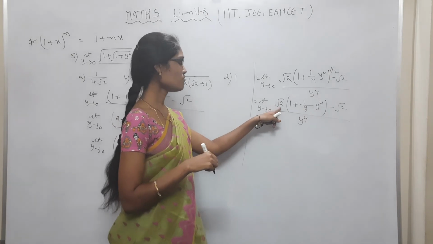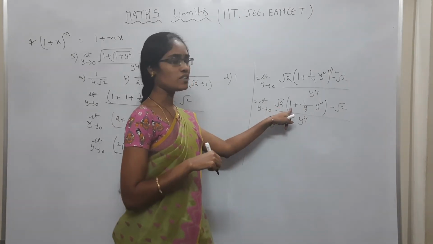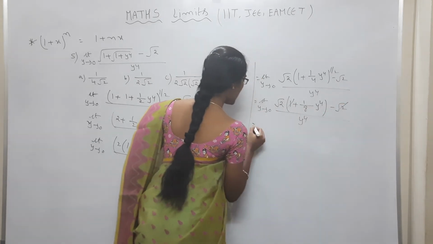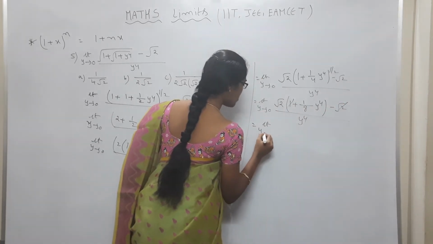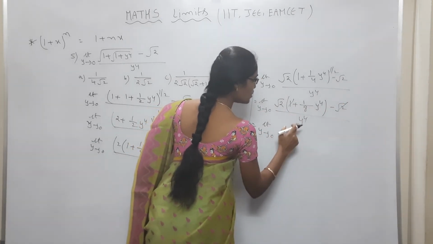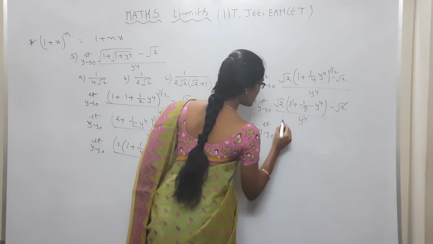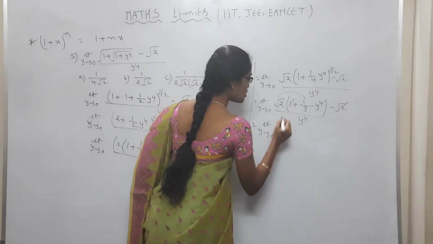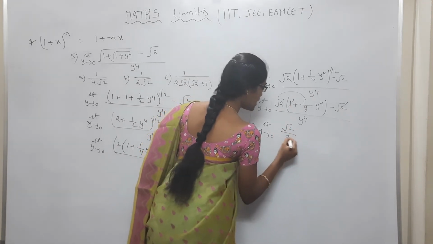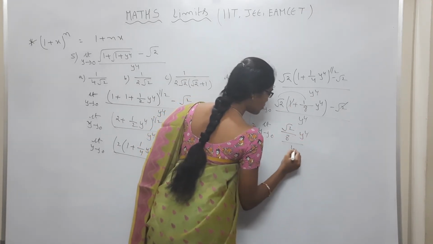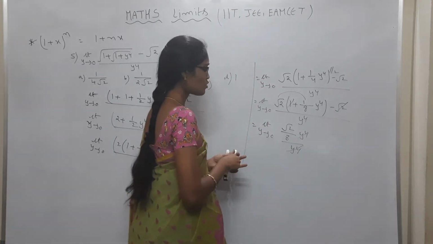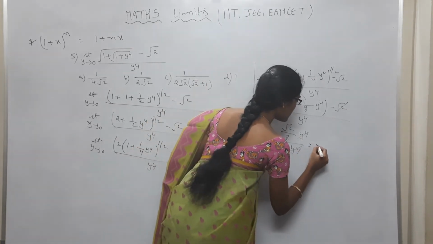See here, root 2 into 1, this root 2 gets cancelled, and the remaining value is limit y tends to 0 of root 2 by 8 into y power 4 by y power 4. The y power 4 gets cancelled, so the remaining value is root 2 by 8.